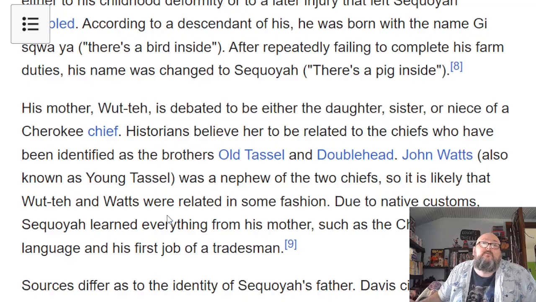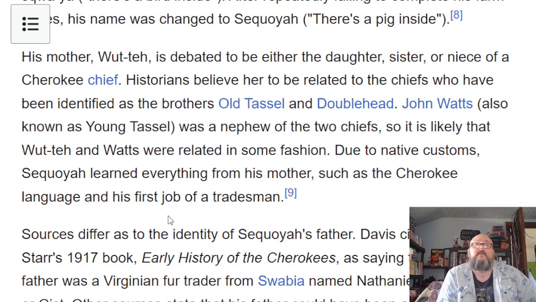His mother, Wurteh, is debated to be either the daughter, sister, or niece of a Cherokee chief. So yeah, she's related somehow. We don't know exactly how, which, again, other articles, both Britannica and the other one we read, say she's connected to a Cherokee chief.